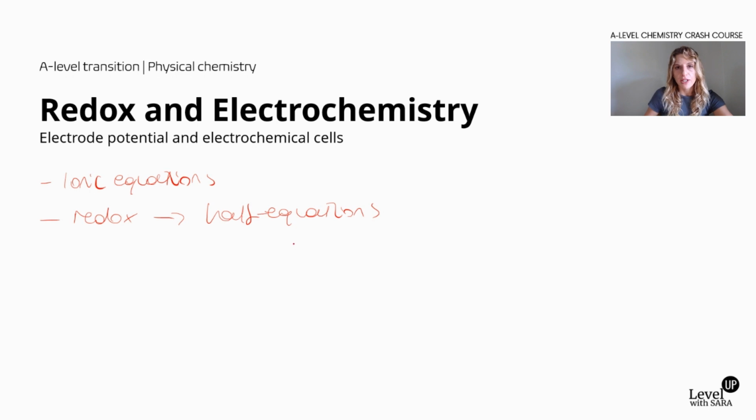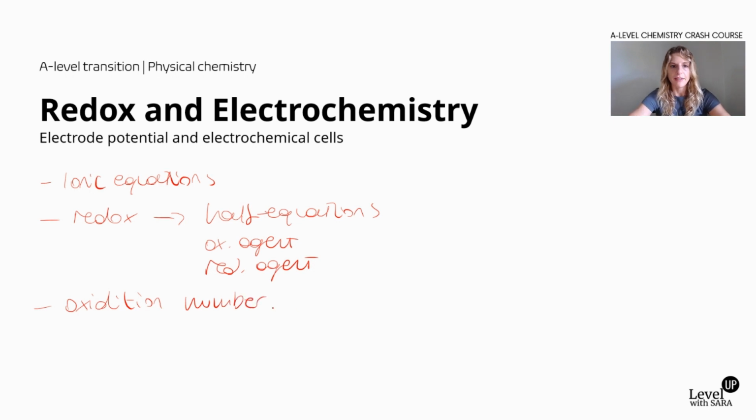Can you write half equations? Can you identify the oxidizing and the reducing agent in a redox? And of course, find the oxidation number. Okay, those are all very important because all of the rest of the calculations with electrode potentials, cells, and so on, will be based, of course, on this type of equations.